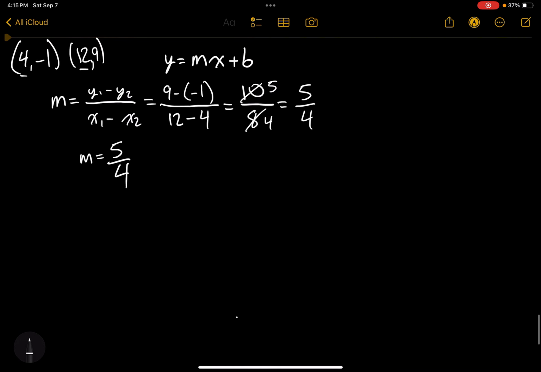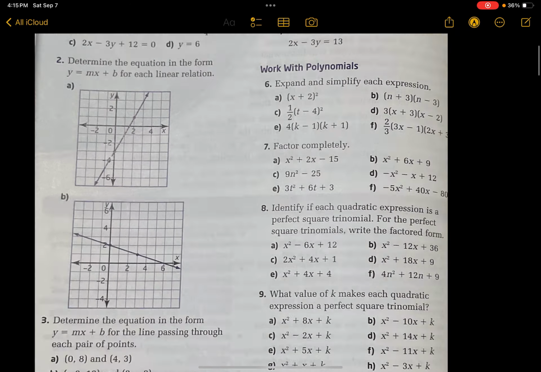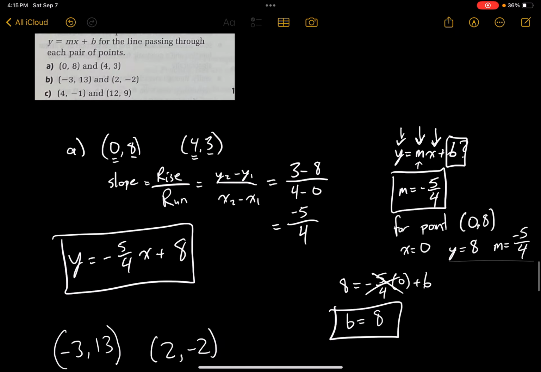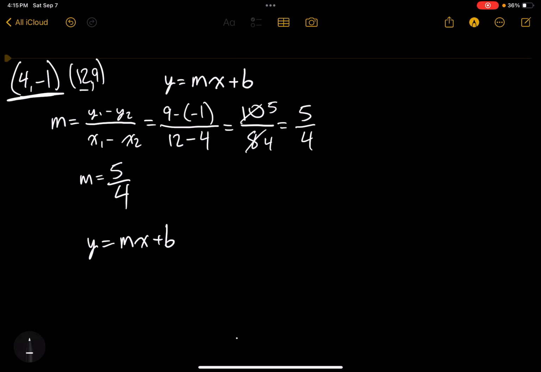Okay, and then we can just substitute. So substituting into y equals mx plus b, we are left with, oh, the screen scrolled up. Okay, we're going to use this point right here. So y is equal to negative 1 equals 5 over 4, and x is equal to 4, plus b.